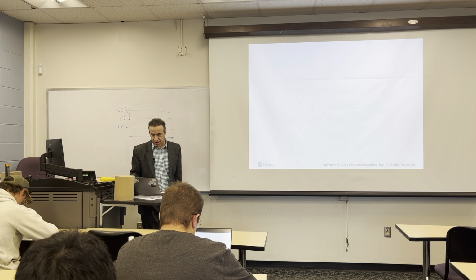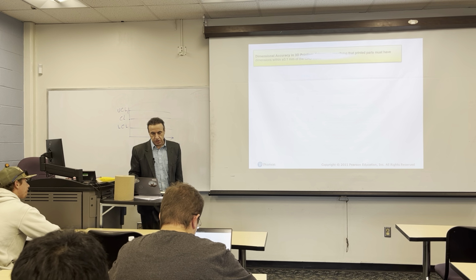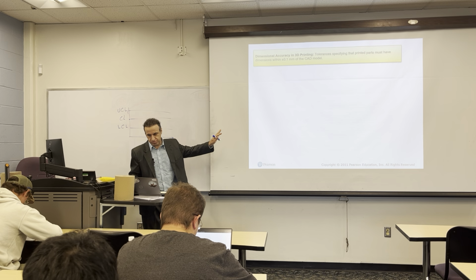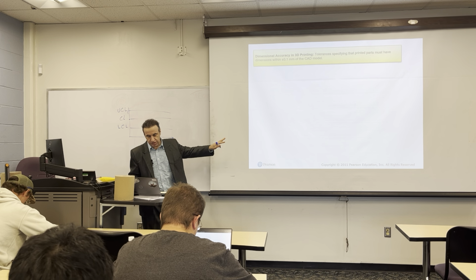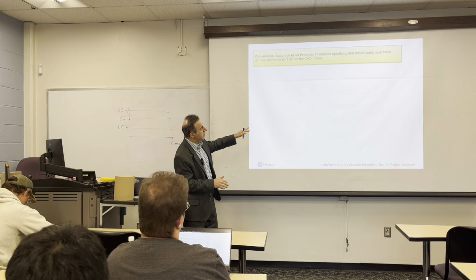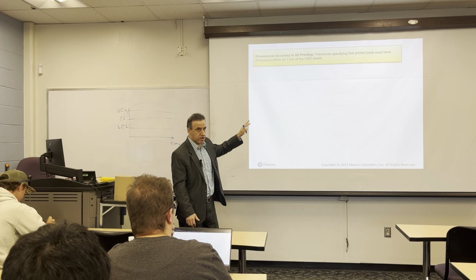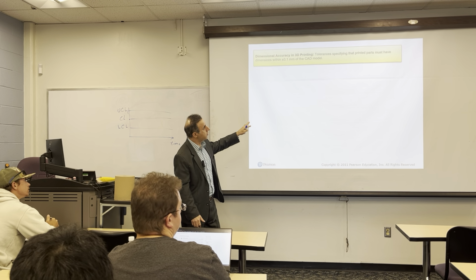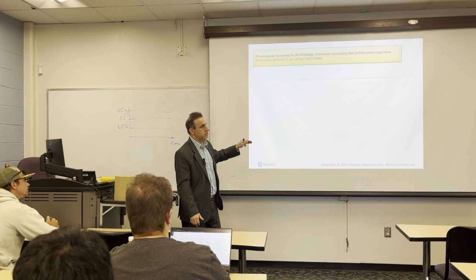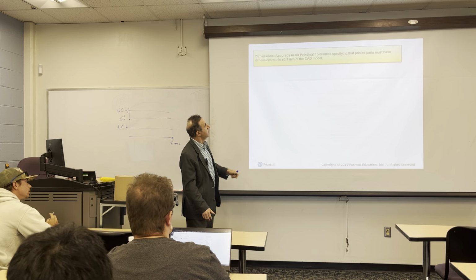So I have a couple of examples here. Based on this description, can you tell me whether this means a process control limit or a specification limit defined by the customer?